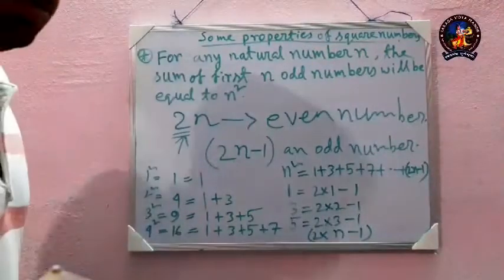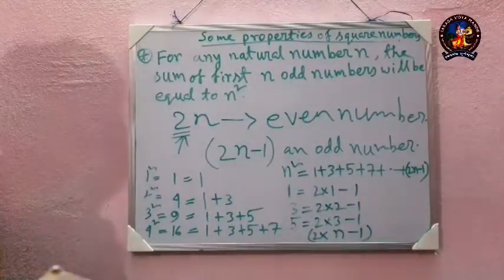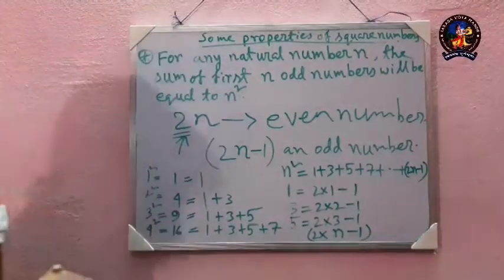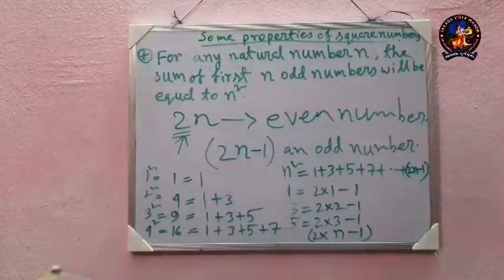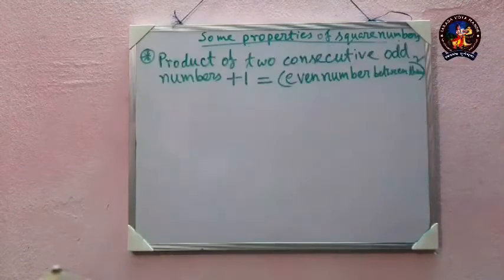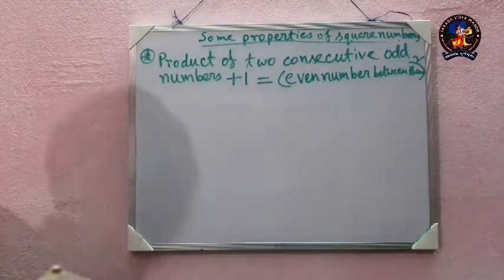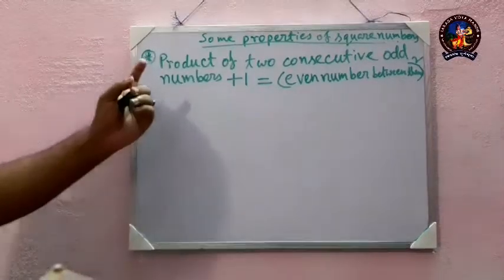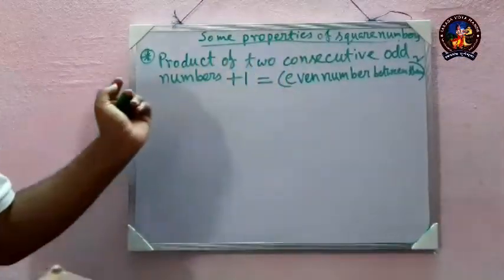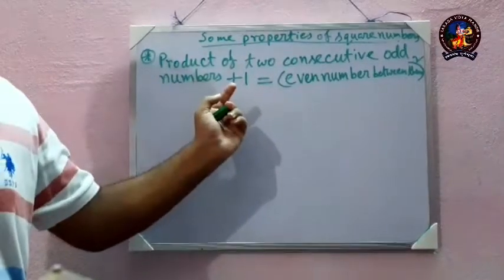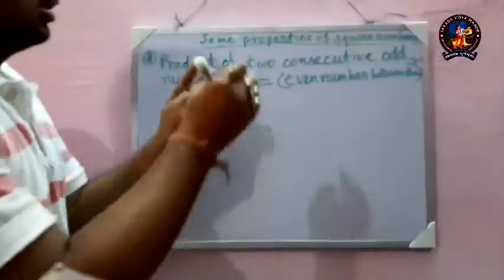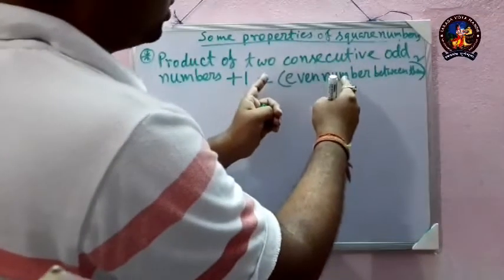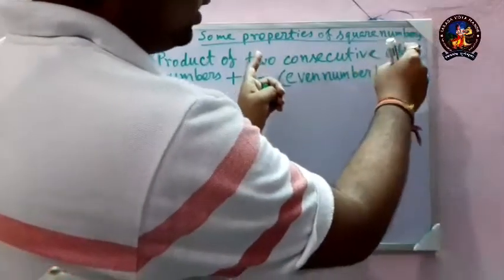Okay, clear? Let's move to some patterns of the square numbers. Here is an important pattern of square numbers. The product of two consecutive odd numbers plus 1 will be equal to the even number between those consecutive odd numbers, whole square.